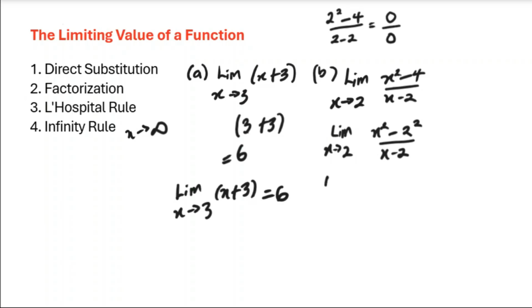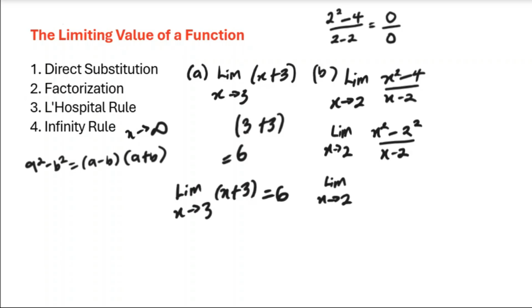So this is the same thing as limit as x tends to 2 of x squared minus 2 squared, which in mathematics signifies the difference of two squares. So from the difference of two squares in maths, you know that a squared minus b squared is the same thing as a minus b multiplied by a plus b.